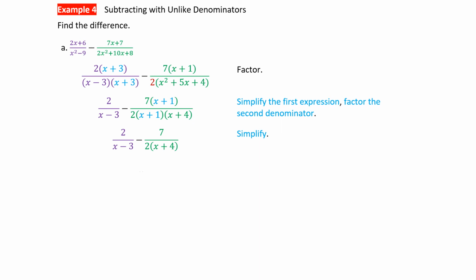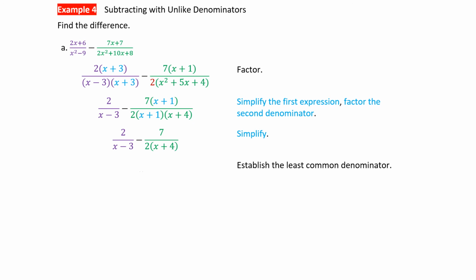Okay, so we still don't have a common denominator, but it's much easier to deal with these three terms, x minus 3, the 2, and the x plus 4, as opposed to the difference of squares and that trinomial. So let's go and figure out what the least common denominator should be and build it up.